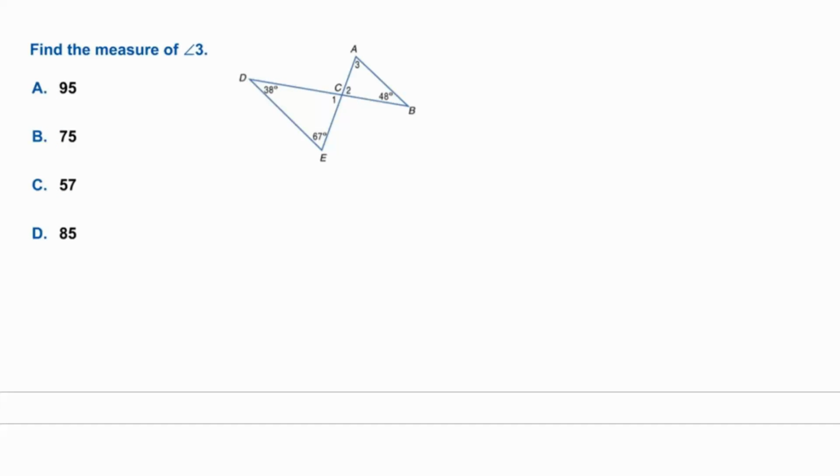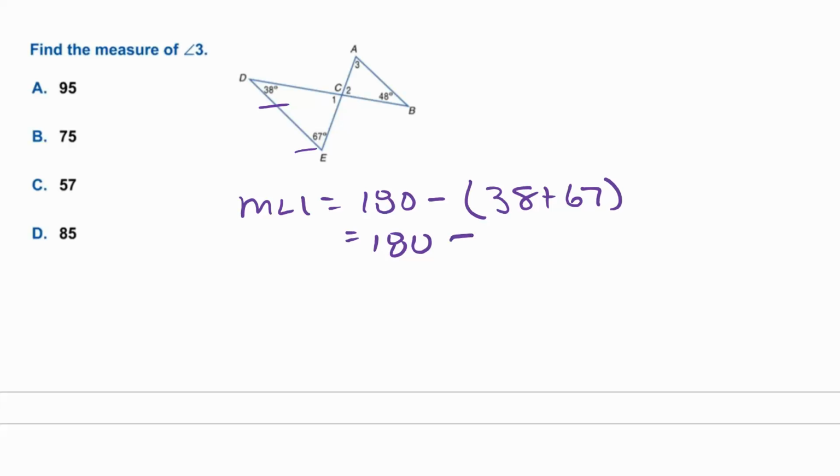In the next problem, we're asked to find the measure of angle 3. To do that, we have to find the measure of angle 1 first. So the measure of angle 1 would be 180 minus the sum of 38 and 67. So it would be 180 minus 105, which gives us 75 degrees.